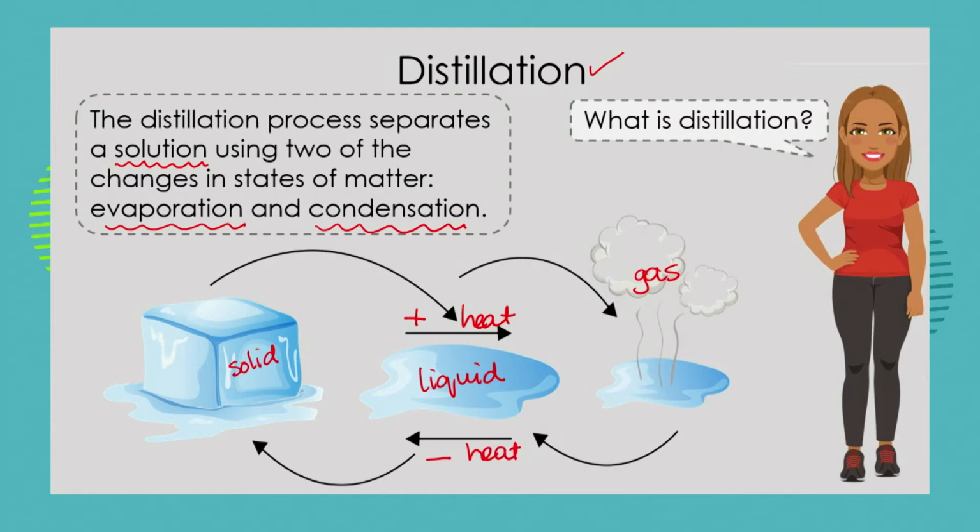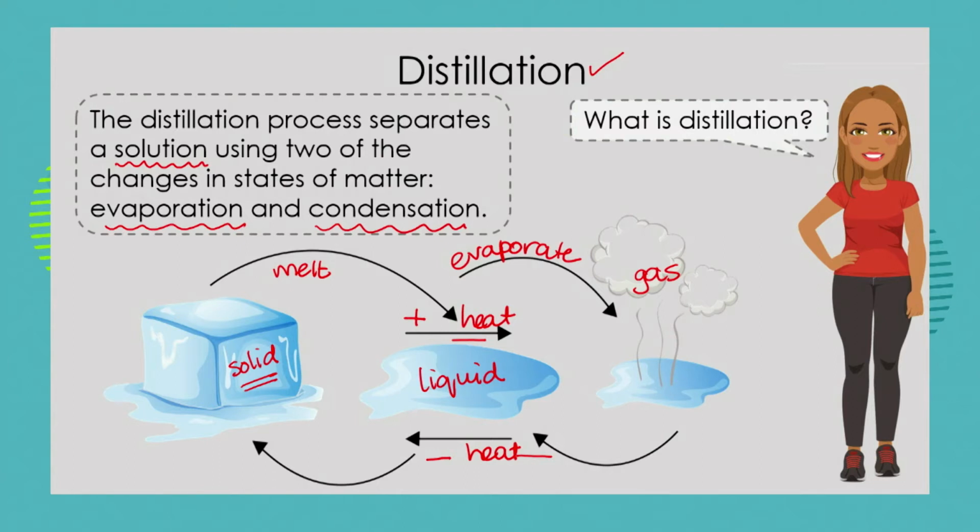If we add heat energy to a solid, we're going to melt our solid into a liquid. If we continue to add heat energy, we are going to evaporate the liquid into a gas.